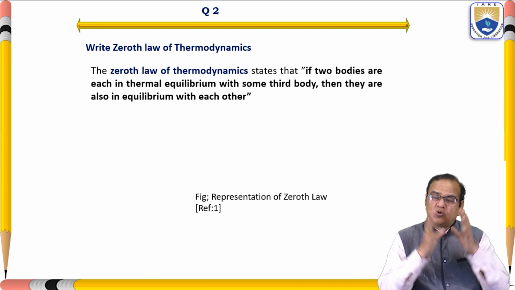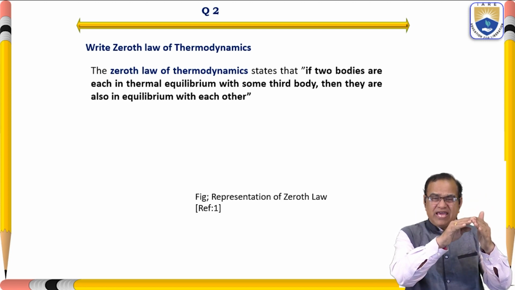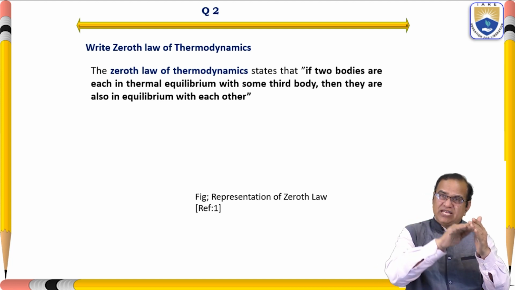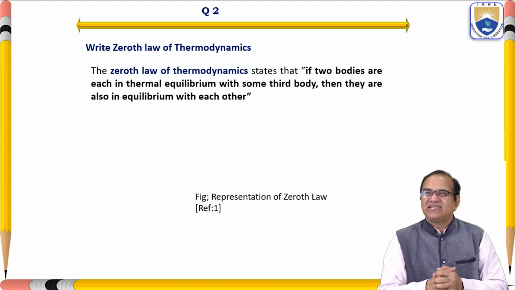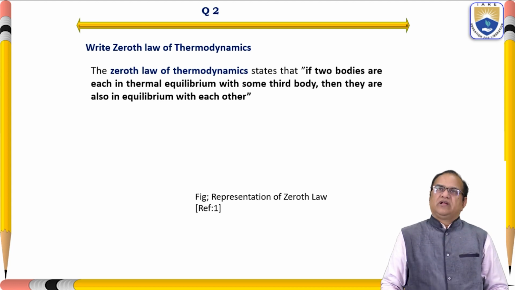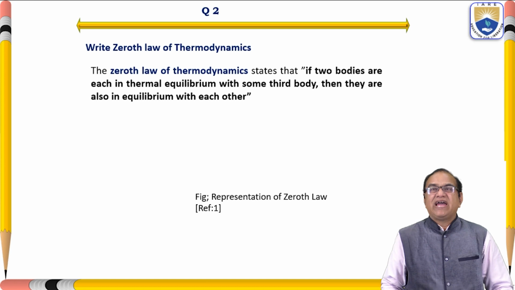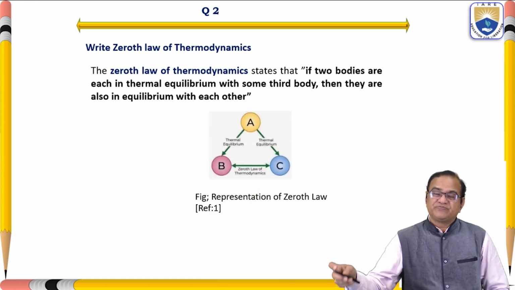So if we have two bodies A and B, and A is in equilibrium with B and A is in equilibrium with C, then B and C will also be in equilibrium. That is the concept of the zeroth law of thermodynamics, and this is how we can find out the temperature of any system.